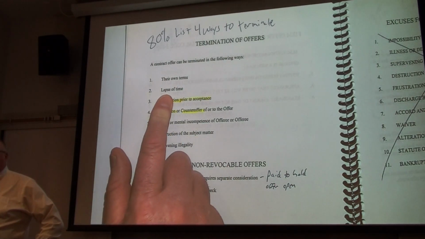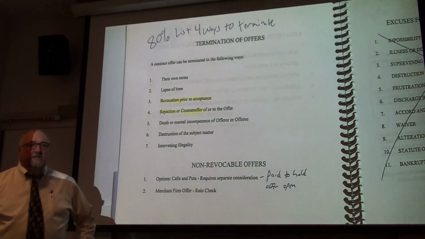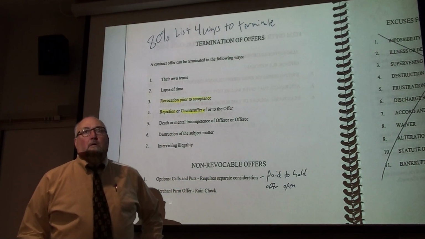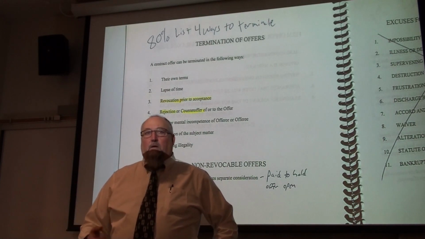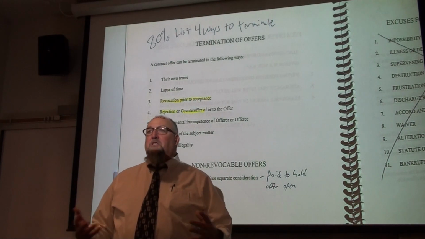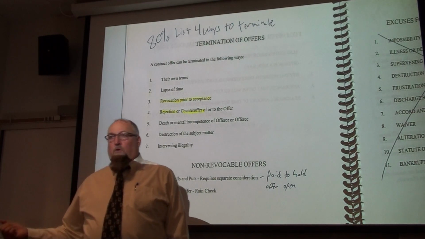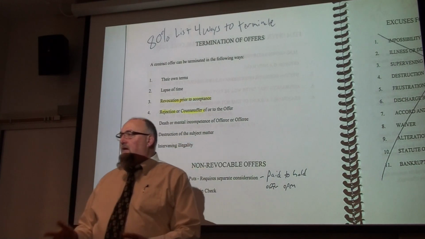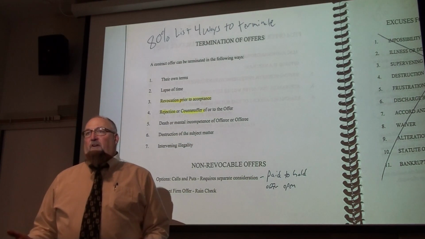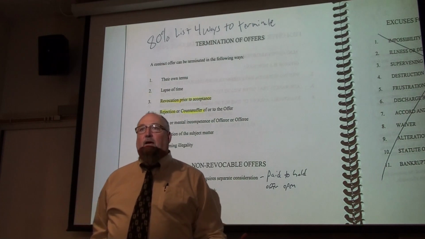Even if you don't put a drop dead time, at some point, just as a matter of due course, lapse of time, the offer will become stale and no longer valid just as a matter of reasonability. So for example, if I offer to sell you the Corvette for $50,000 and I don't really have a due date on there, and you call me up 5 years later, or you email me 5 years later, hey, I'll buy that Corvette for 50 grand.